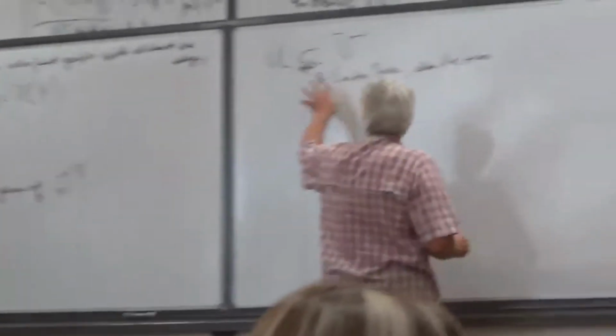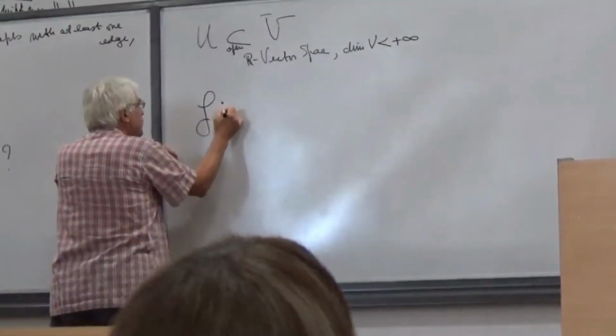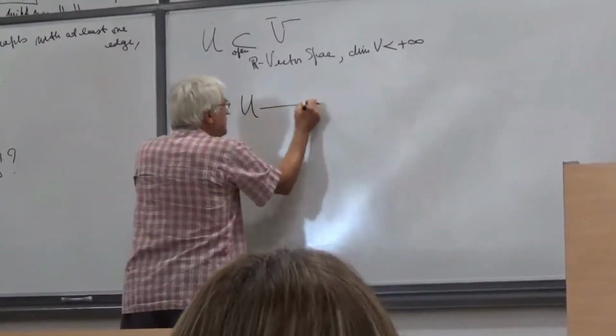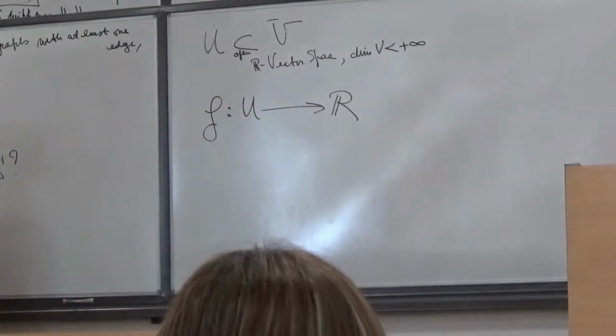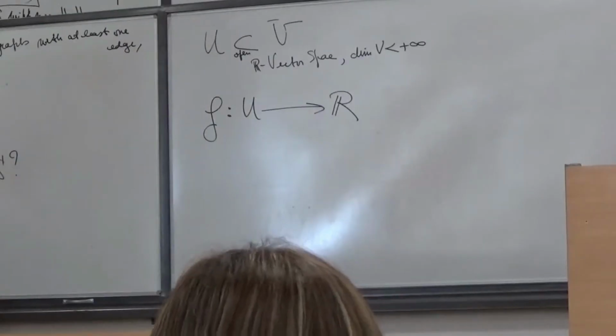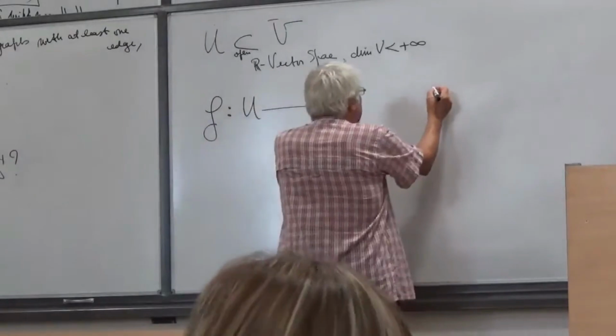So we wish to study functions defined on U and functions with real values. And we wish to study differentiable functions. So I do for scratch what I'd like to know first.